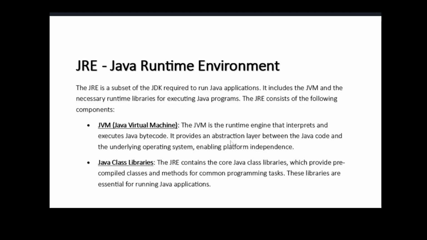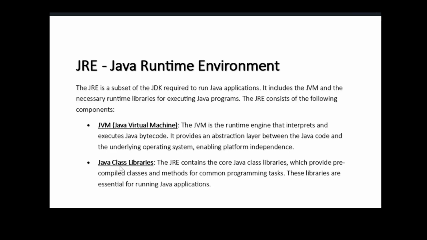It provides an abstraction layer between the Java code and the underlying operating system. So we can call it the layer between the Java code and the operating system, which enables platform independence.